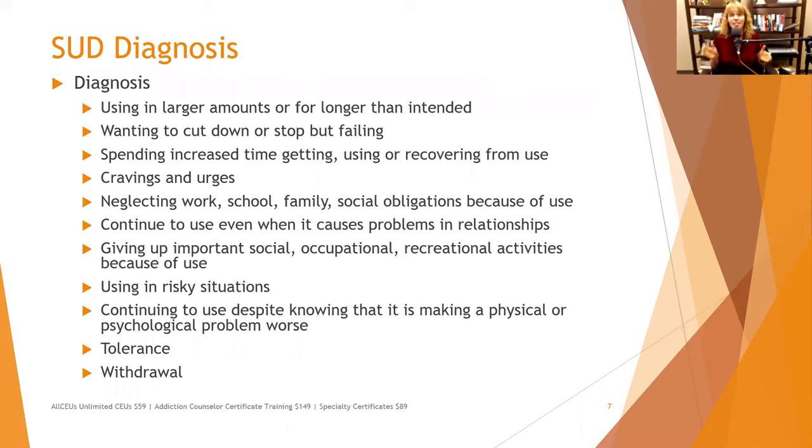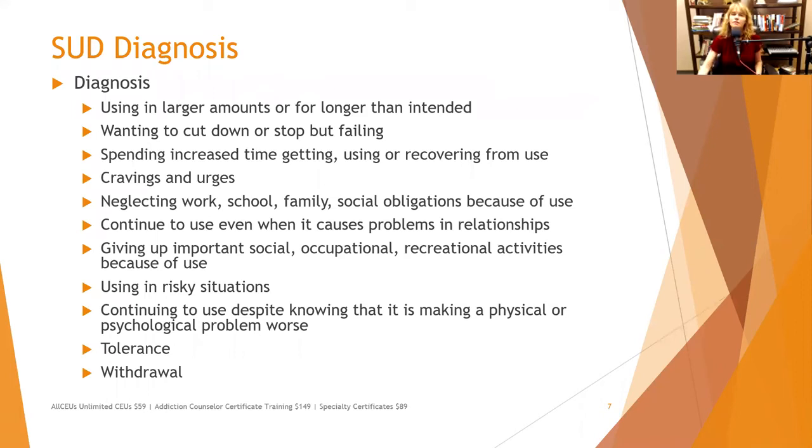Then you've also got tolerance, which is the need for more of the substance to get the same high, or the need to combine substances to get the same high or the same effect. And withdrawal, physiological or psychological symptoms that occur when that substance is leaving your system.